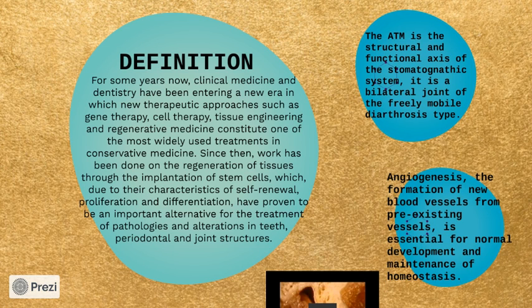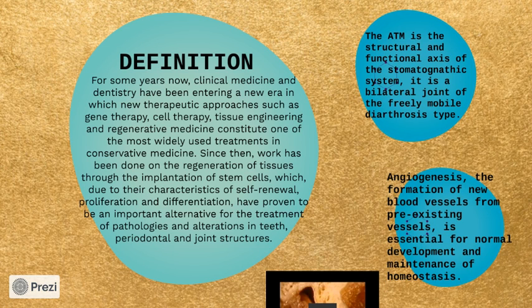Since then, work has been done on the regeneration of tissues through the implantation of stem cells, which, due to their characteristics of self-renewal, proliferation, and differentiation, have proven to be an important alternative for the treatment of pathologies and alterations in teeth, periodontal, and joint structures.